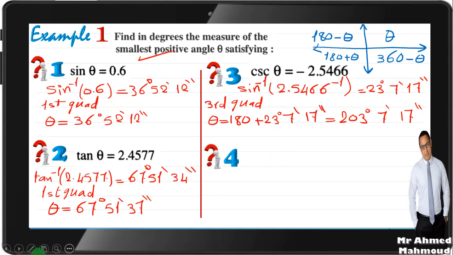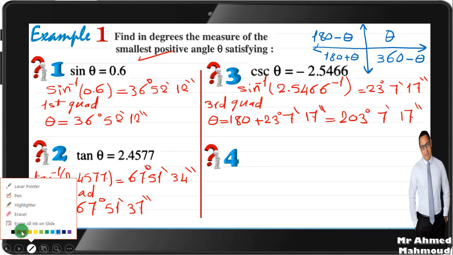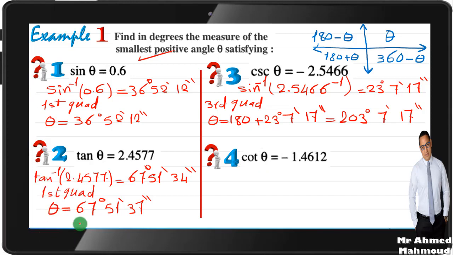Here number 4. Cotan theta equals negative 1.4612. The first step, I need to find shift cotan, but I haven't got shift cotan. I will write it as shift tan of 1 over, not negative, 1.4612, and power negative 1, don't forget, equal.